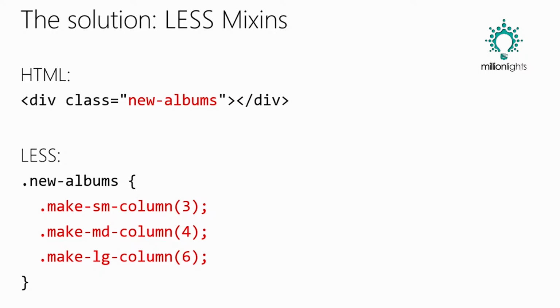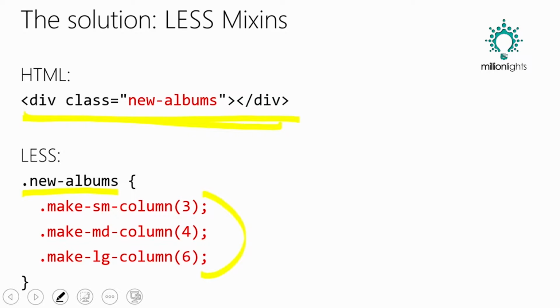So I can say I want to be able to write this HTML, and then using Less, I can define all these Bootstrap classes. Right. Now I've got the right kind of separation. I'm using Less, which is my presentation, and my HTML is my content, and I'm able to move all those Bootstrap classes into Less and out of my HTML.